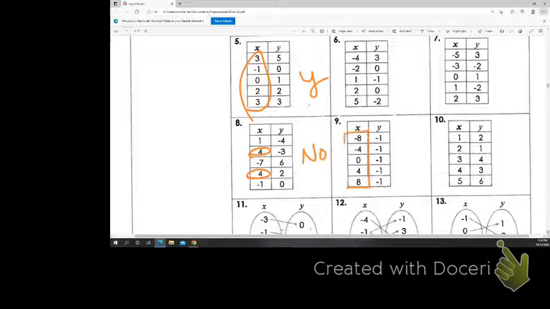All of these x's are different. This is still yes. So you might think of it as a double standard. The y can repeat, but the x cannot, to be a function.